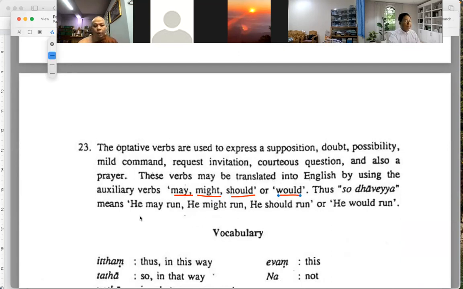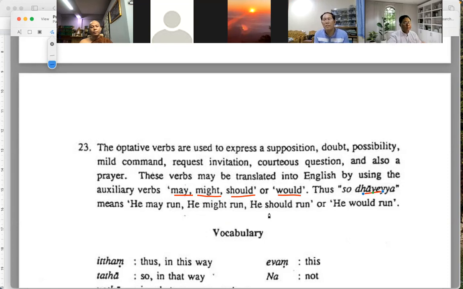So he may run, also as the imperative verb. Sometimes they say the sense is slightly the same. Whatever, roughly we need to remember these words: may, might, should, would. The verb, for example, he may run, or he might run, he should run, or he would run.